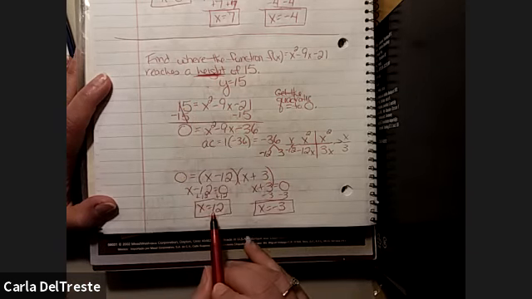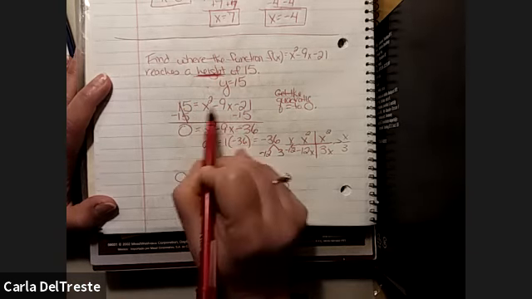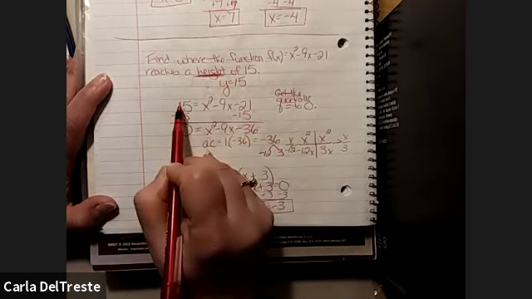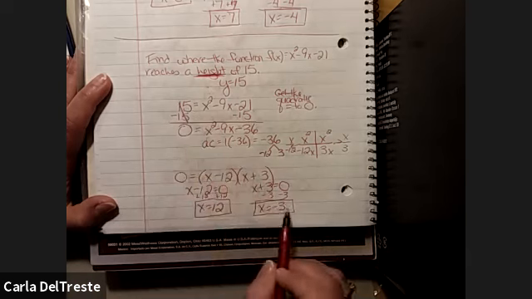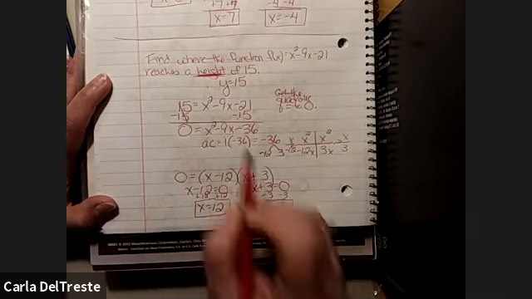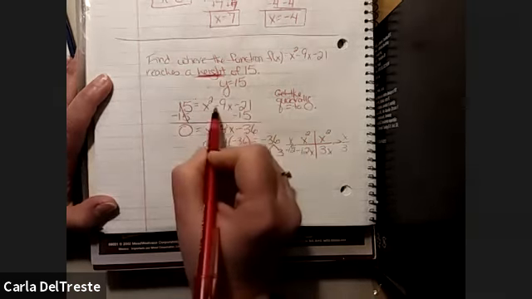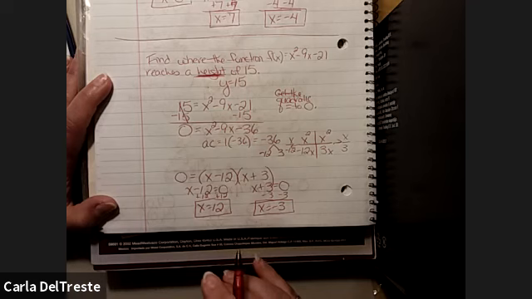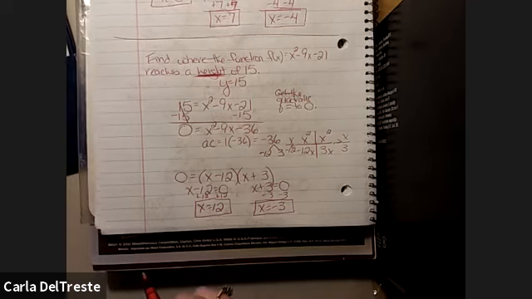So I should be able to plug 12 in for x up here, and then this calculation should give me 15. I should be able to plug negative 3 into this side here, and that should give me 15. So these are all self-checkable, just like all algebra. You can plug it in and you can see if you get the two sides to balance.